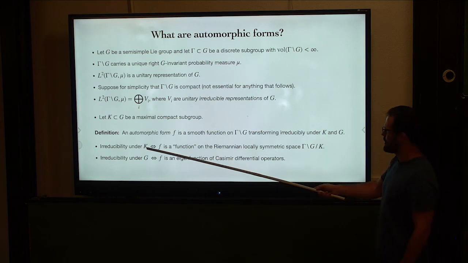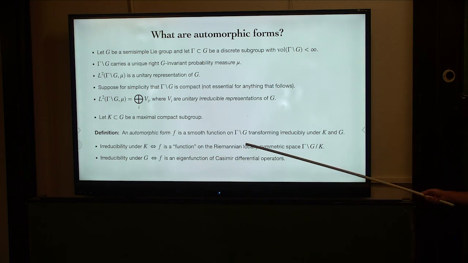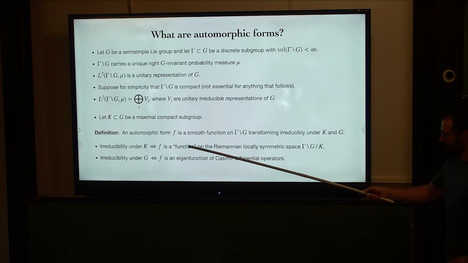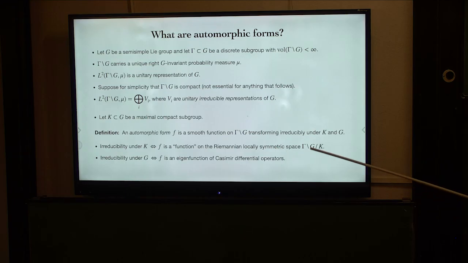Irreducible under K means, roughly speaking, that F is just a function on this space. So, if F transforms trivially under K, then F is just a function on this double quotient. So this is, for example, a hyperbolic surface in the case when G is SL2(R).